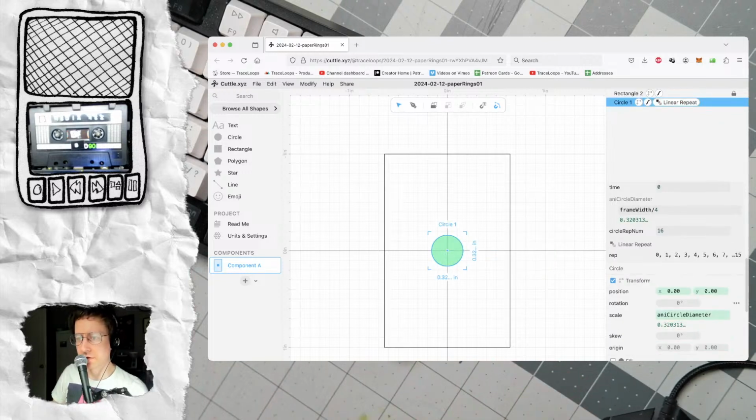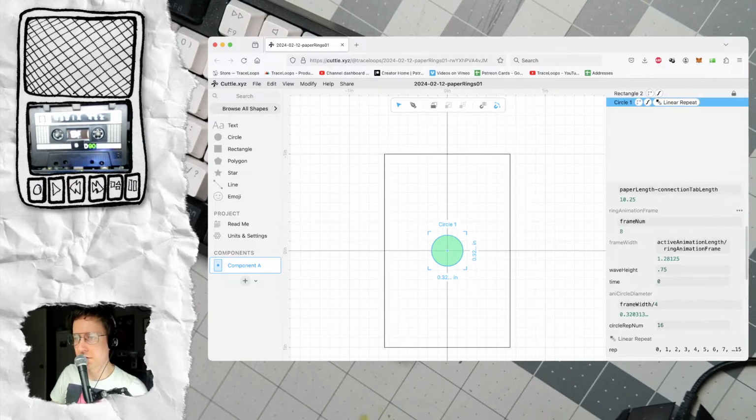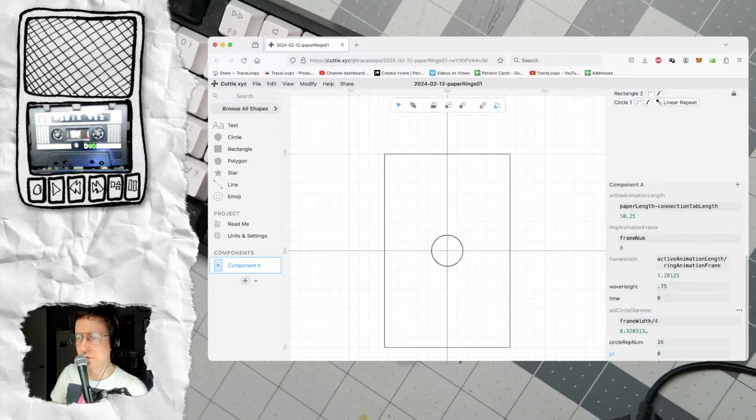And now let's take this position and make this be circle any height, which will be paper height minus 0.25. This is an easy enough starting point.